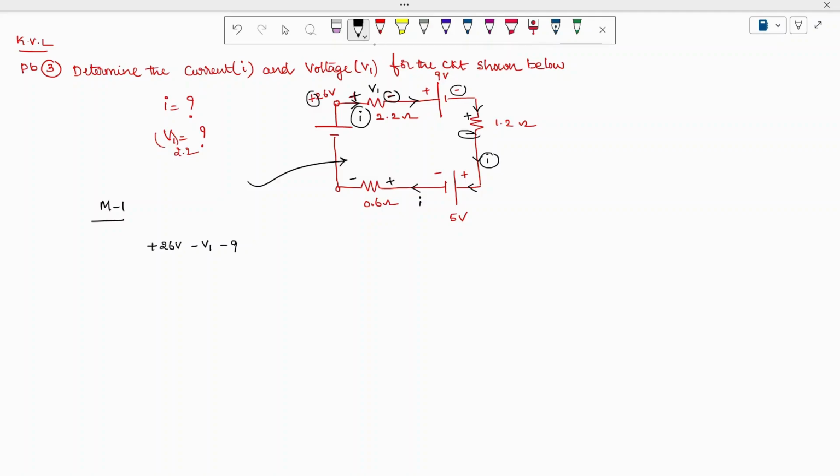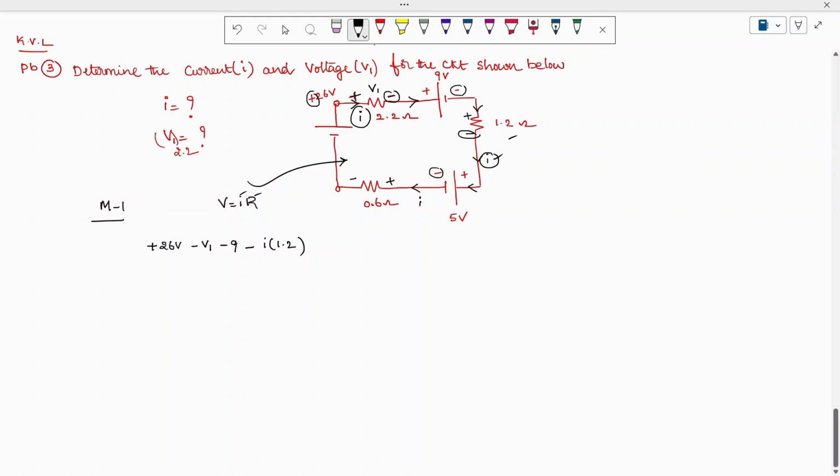What is the polarity of this element? Minus. We want to express it in the form V equal to I into R. So minus, what is the current? Current of I amperes, so current into resistor. The current is I ampere and the resistor is 1.2 ohm. Again it enters at positive and leaves at negative.